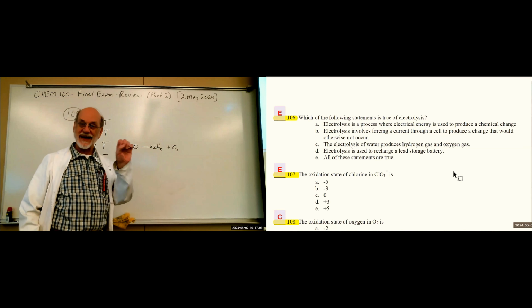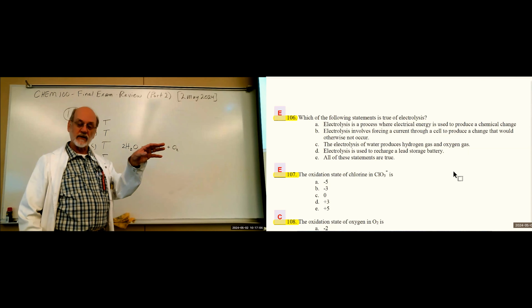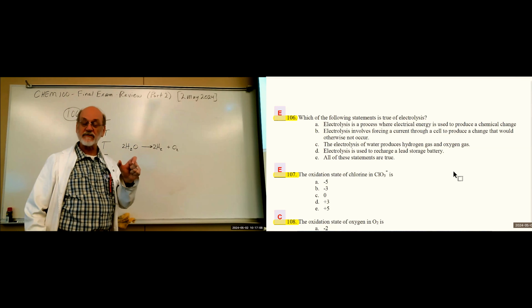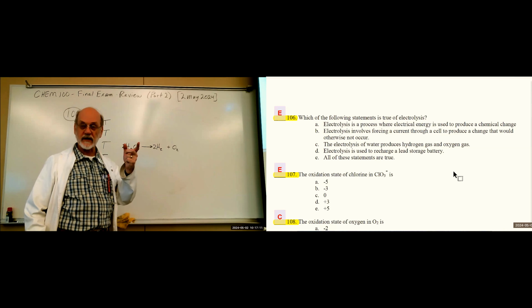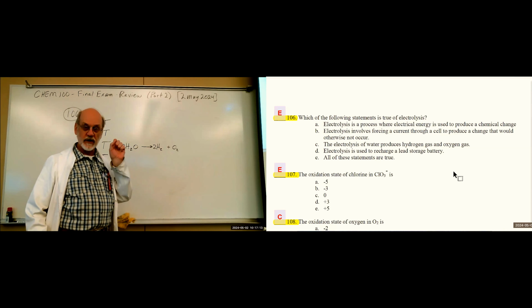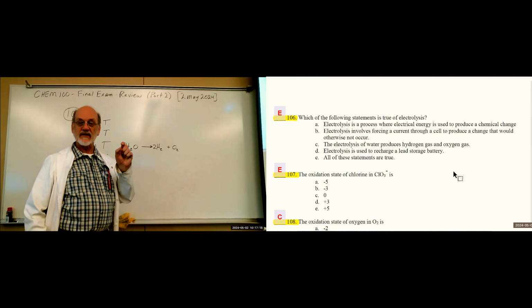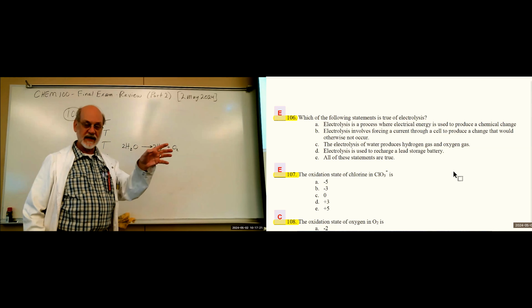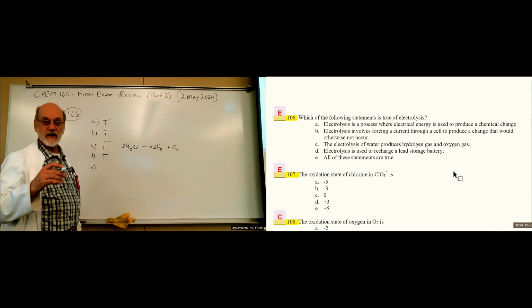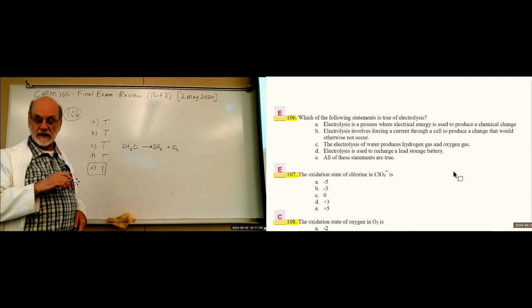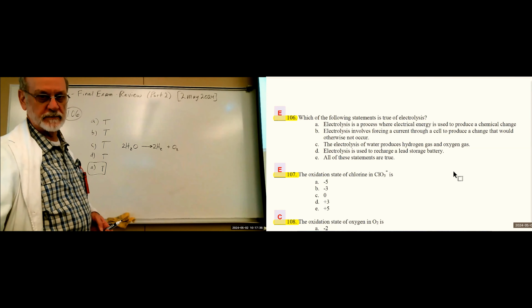In order to put energy back in, we have to take the alternator and rectify the alternating current from the alternator into direct current and run it through your battery in reverse to drive the reaction backwards. And take the lead sulfate and make lead oxide and lead for the 2 electrodes. So yes, that one is also true. So that means all of the statements are true. Yep, every one of them.